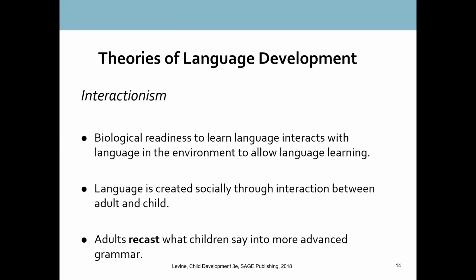It initially starts with biological parts of the brain that interpret language, but then it's also dependent on the interaction that children receive from others, from adults or older siblings, including this idea of recasting.